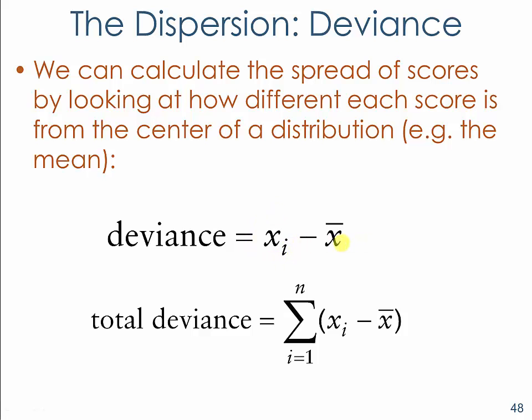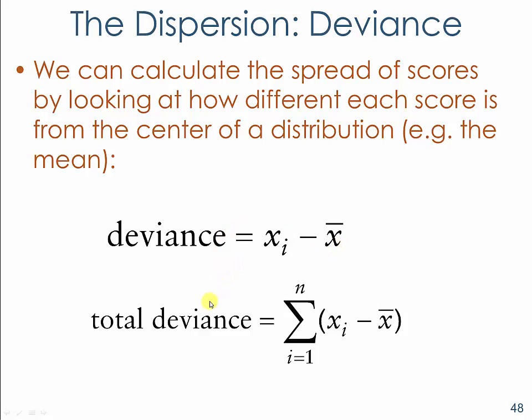For example, if our classroom age mean was 25 years old, and we took one of the students and asked that student what his age was, and we found out that his age was 30, well, the deviance is 30 minus the mean of 25, which is 5. So the deviance would be 5.